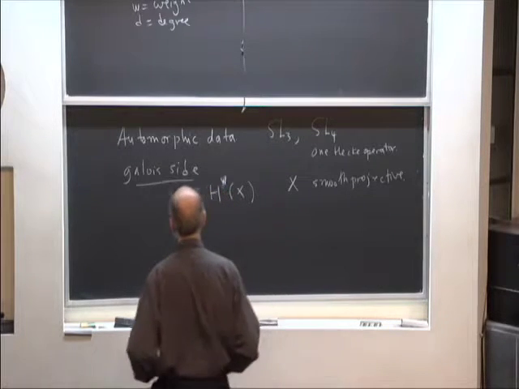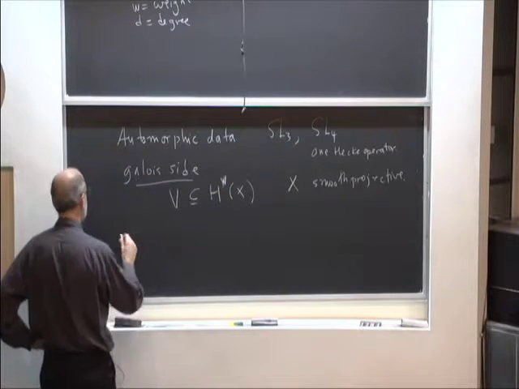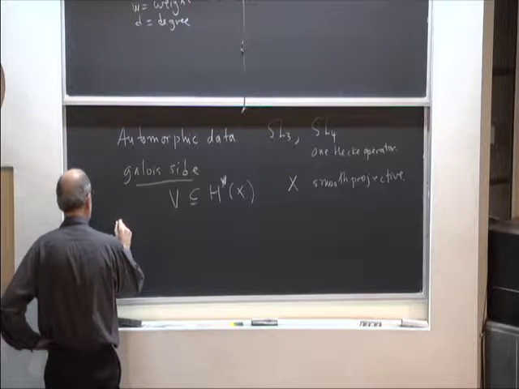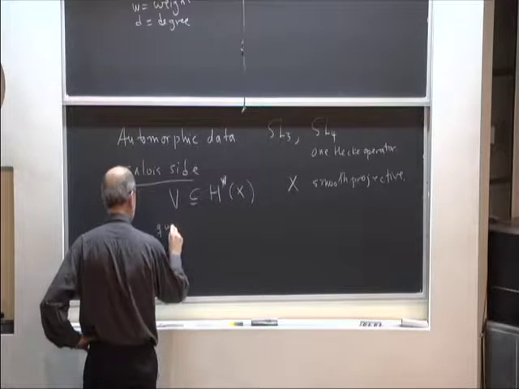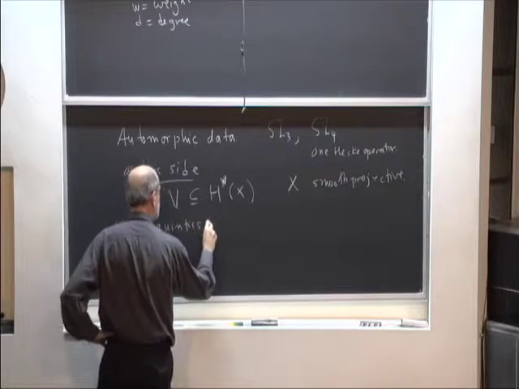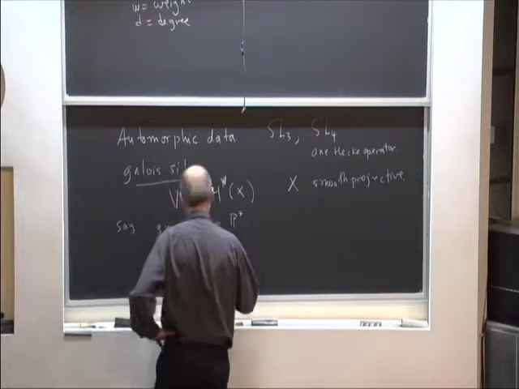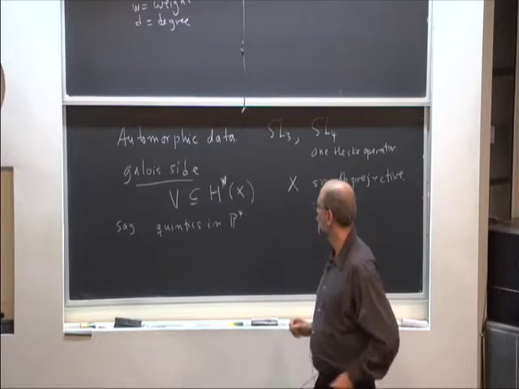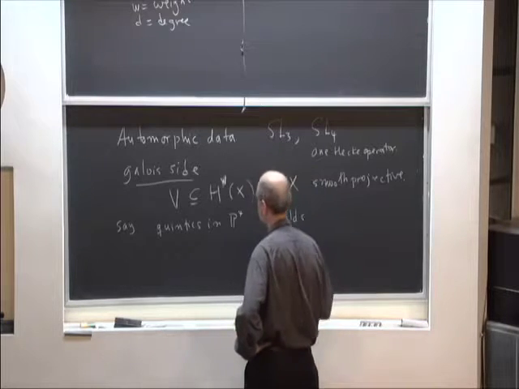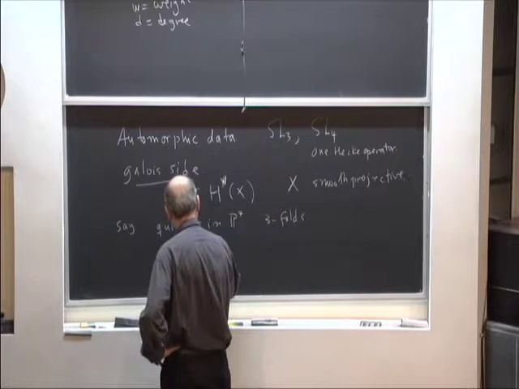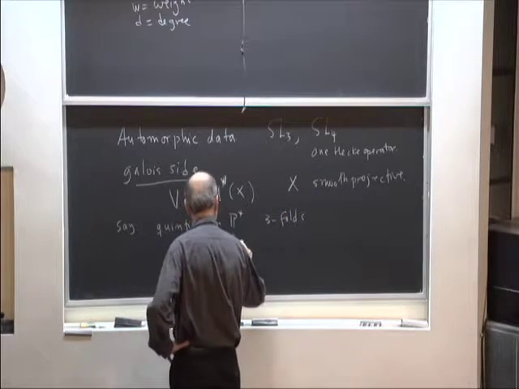But just to have the context in mind, bear in mind that if you look at quintics in P4, which would be the analog of elliptic curves in dimension 3, so this will give you Calabi-Yau threefolds, then the middle cohomology has dimension 204.